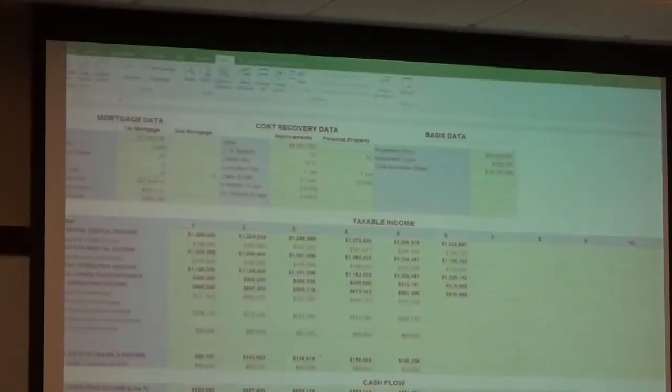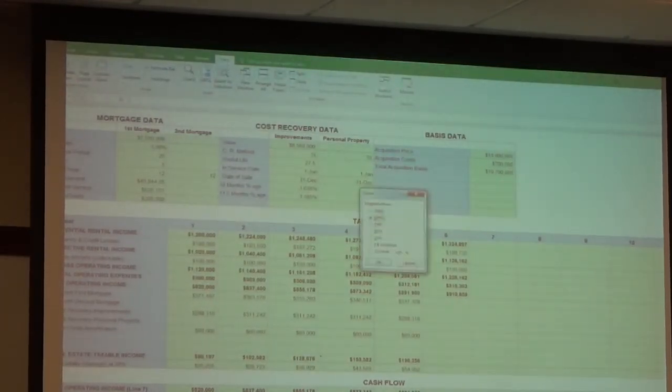So there's the first one. You can see how big it is. That's how it looks on your screen. Wow, that's terrible.